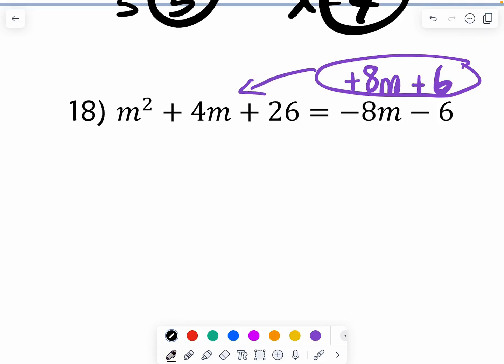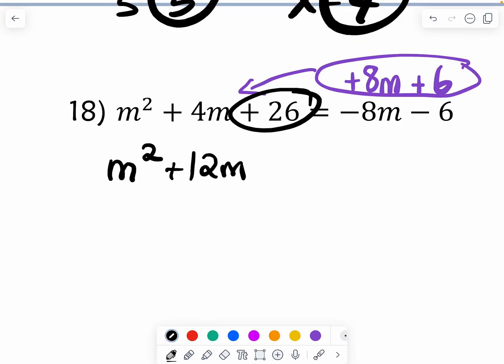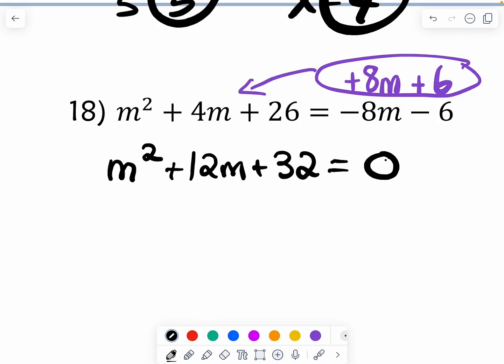When combining like terms, there's nothing to combine with the m squared, so I just leave that. I have 4m plus 8m, combining those together, and that makes 12m. And then I have 26 plus 6, which is 32. And now I moved all those, and it's equal to 0.